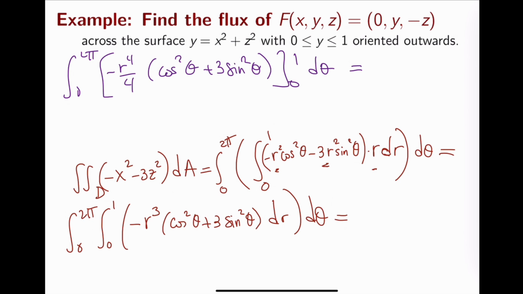So let's do the evaluation now. So that will be the integral between 0 and 2 pi. And so evaluating, the only thing to evaluate here between 1 and 0 is going to be just the r to the 4. Evaluated between 0 and 1 is just 1. And so the result here of the evaluation will give minus 1/4.